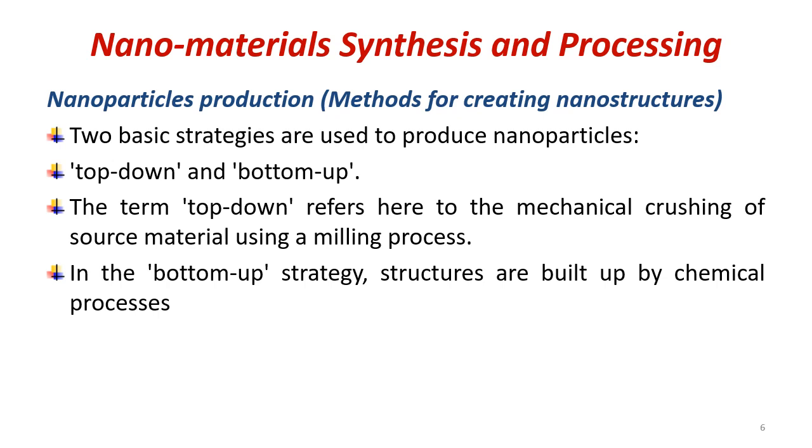When we think about the production of nanoparticles, the two basic strategies which come to mind are the top-down and the bottom-up approach. So more highlight will be on how these approaches are going to be carried out. When we say top-down, it refers to the mechanical crushing of a source material using various mill processes like the ball mill process, or any of the mechanical synthesis processes. Then the bottom-up strategy tells about building structures by a chemical process.